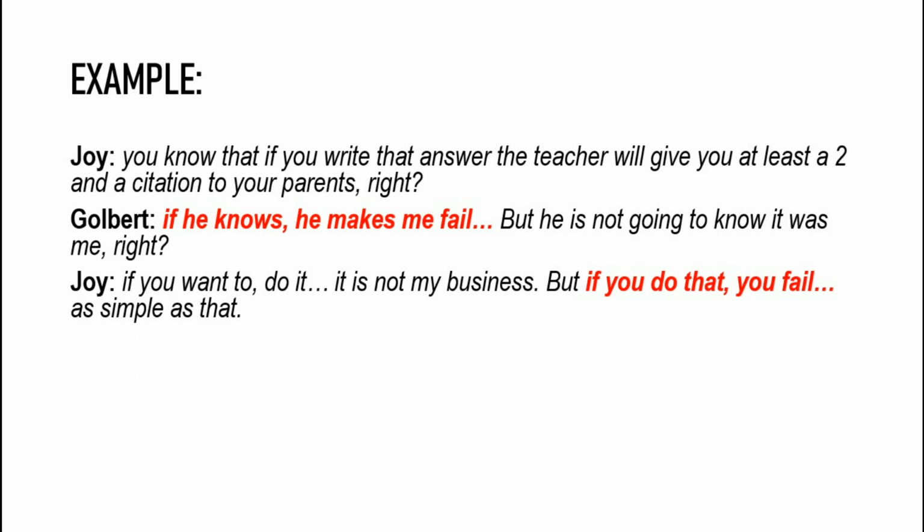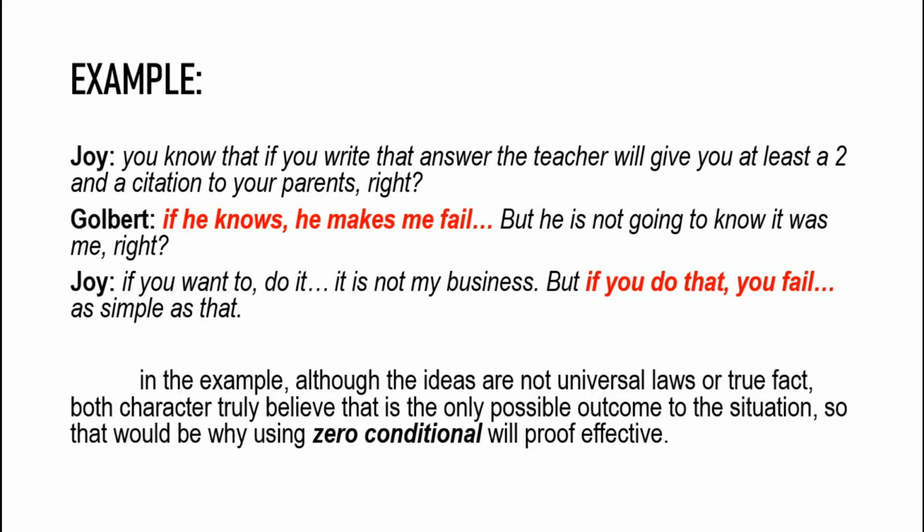As simple as that. So this is a brief conversation in which Joey and Goldberg are talking about something related to an exam or an activity or a class. In the example, although the ideas are not universal laws or true facts, both characters truly believe that it is the only possible outcome to the situation.